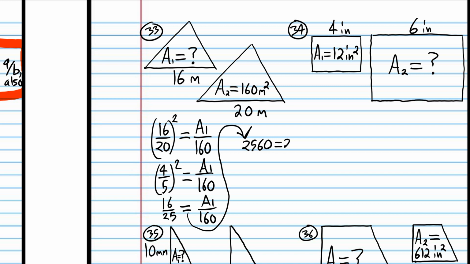And then we get 25A1. And divide both sides by 25. And we get 102.4 square meters is equal to A1.